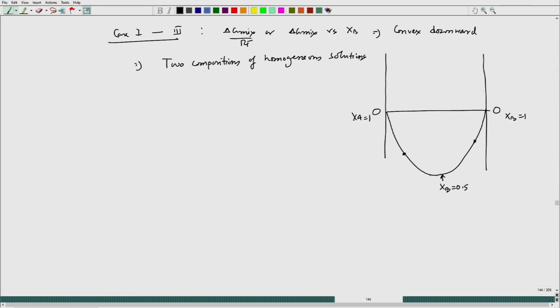So, the two solution compositions are chosen in such a fashion that x_B is coming in between. Let us say this composition is a, this composition is b. So, these are the two compositions of homogeneous solutions of A and B, which is a binary solution, marked as lowercase a and lowercase b. We can actually connect them together with a straight line.